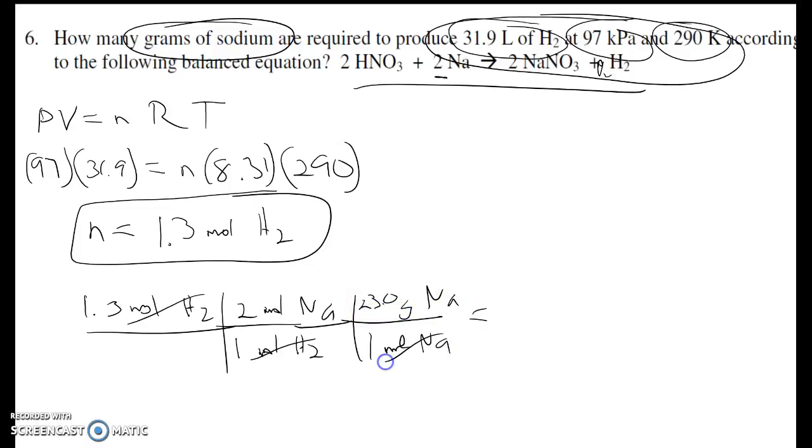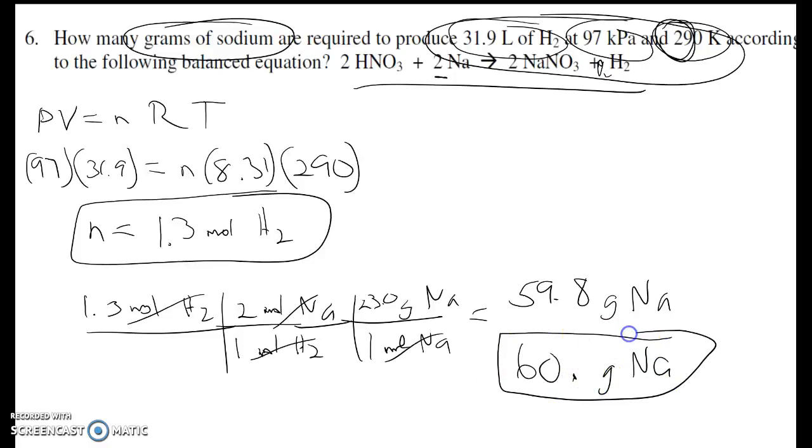That's the molar mass of sodium. And now we just go through the calculations of 1.3 times 2 times 23, and we get 59.8 grams of sodium. Now we want to have only 2 sig figs because of the 290, so we want to make this 60. Make sure you put that decimal in there to make it significant, grams of Na for our final overall answer.